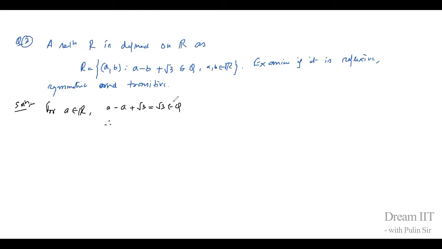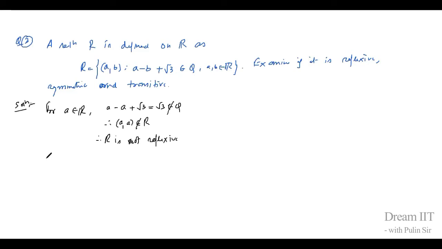So root 3 is not a rational number. So therefore it doesn't belong. That means (A, A) does not belong to R. So can we say that R is reflexive? It is not reflexive. Good. It is not reflexive.